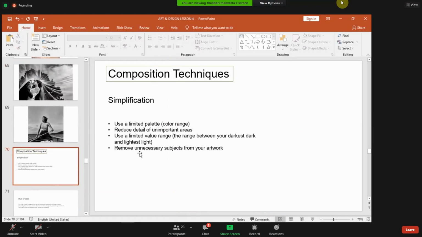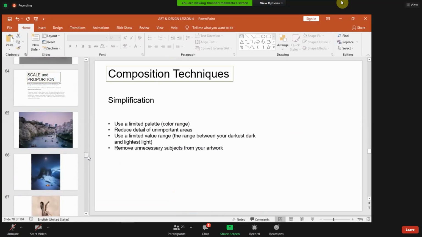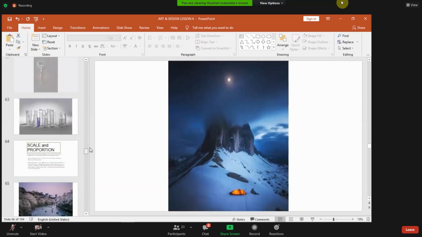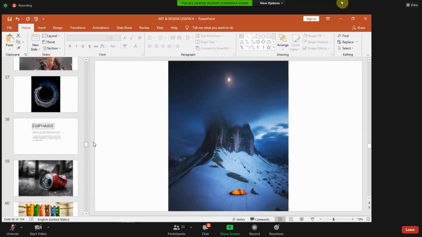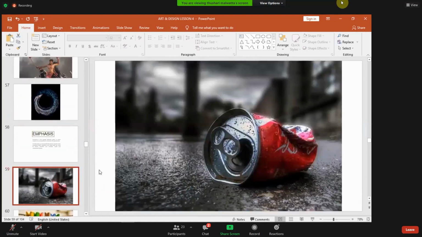and use a limited color palette. Use a very simple color range in your work. See, even this one, the color palette is very simple, just a few colors. Even this one has emphasis, and the background is out of focus.